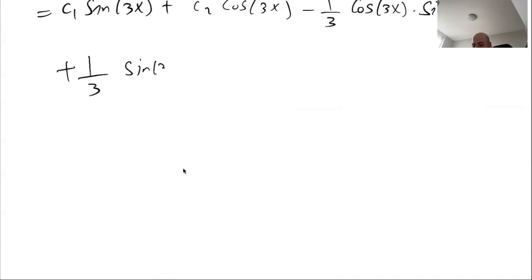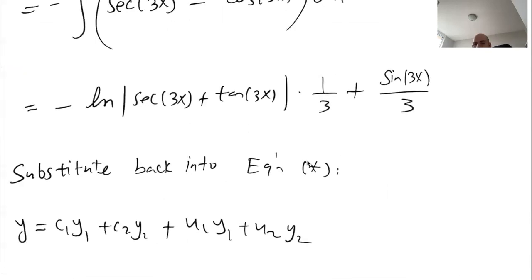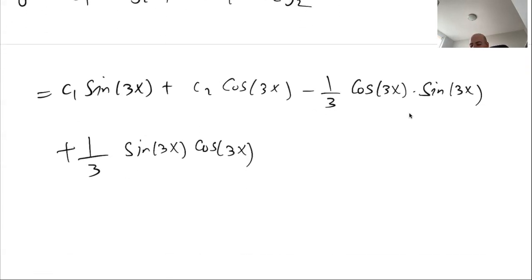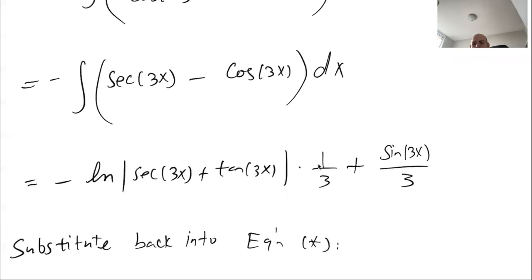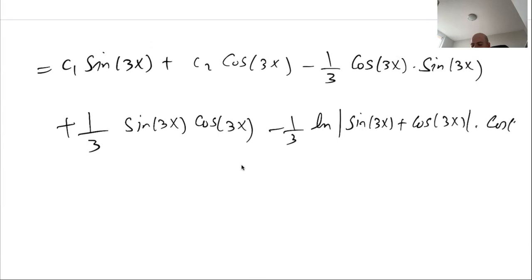sine 3x cos 3x, because u2 contains two terms. One term is this, times y2 will be 1 over 3 sine 3x cos 3x. And then this guy here times y2, it's going to be minus 1 over 3 ln sine 3x plus cos 3x times cos 3x.